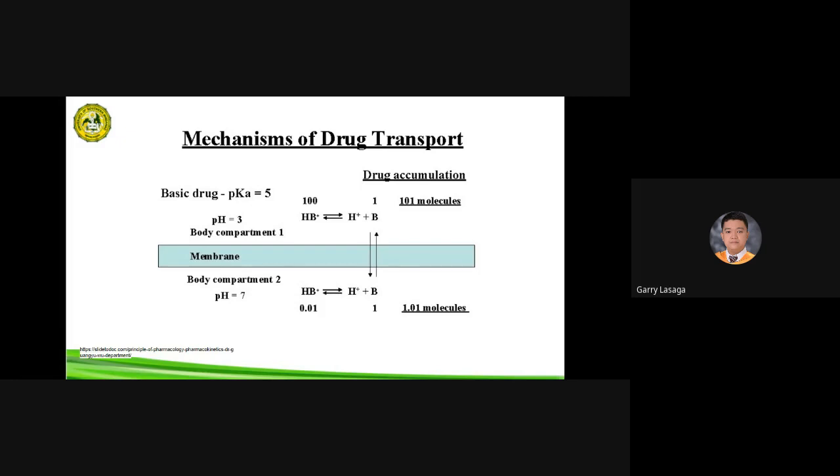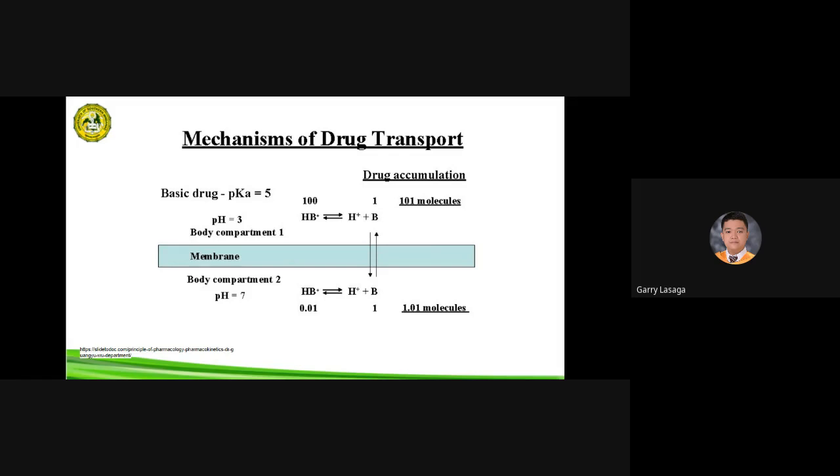So liliit ngayon yung ating ionized because dadami yung unionized. So magiging 0.001. Pag magiging 9, so liliit na naman siya, no? Magiging 0.0001. Kasi dadami yung ating unionized.